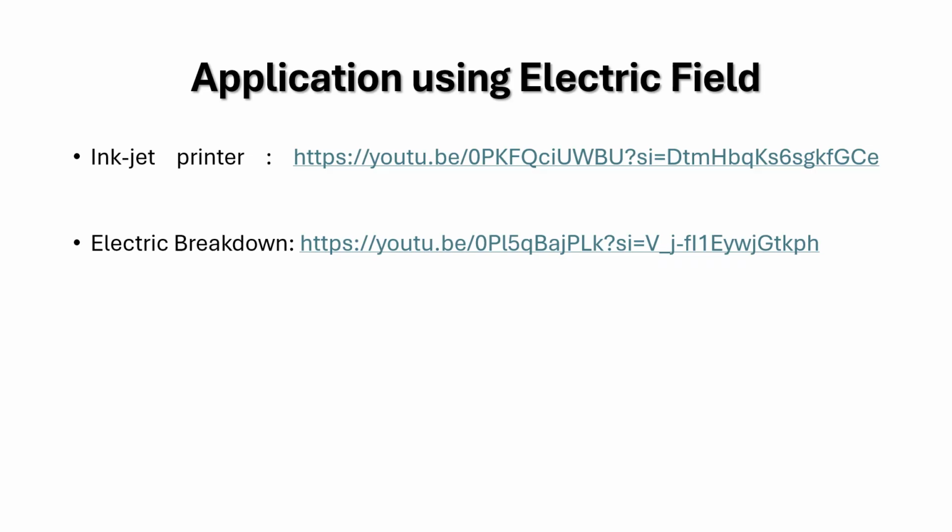There are several applications. If you have time, you can go to YouTube and look at the inkjet printer and also electric breakdown. You can see the application of electric field when you print your paper, or how electric breakdown happens in the power grid or in some electrical devices.